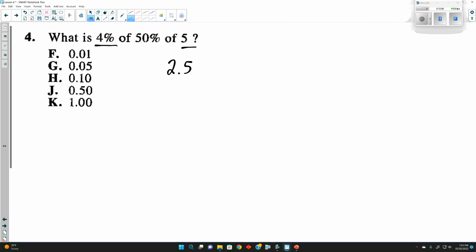Because again, we're just moving it 1 to the left. Because 10% of 2.5 is 0.25, yes? And again, I'm just picking 10% because it's easy to calculate. We're just moving that decimal 1 over. Is 4% less than 10%? So whatever this should be less than 0.25, yes?